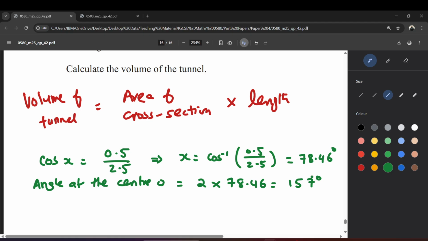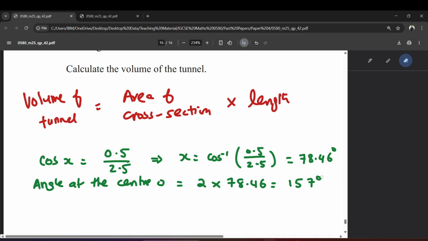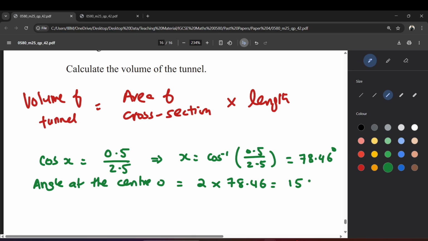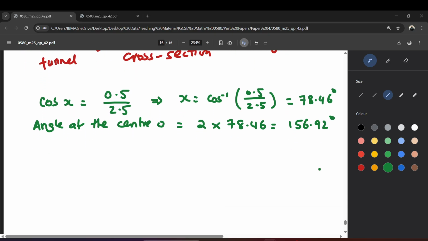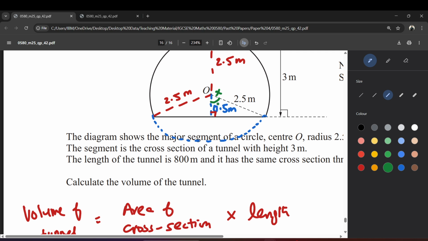Okay, basically what I'm getting here is 156.92. So okay, let's just keep it that way. 156.92. All right, that's the angle at the center. Okay, we have found our angle.